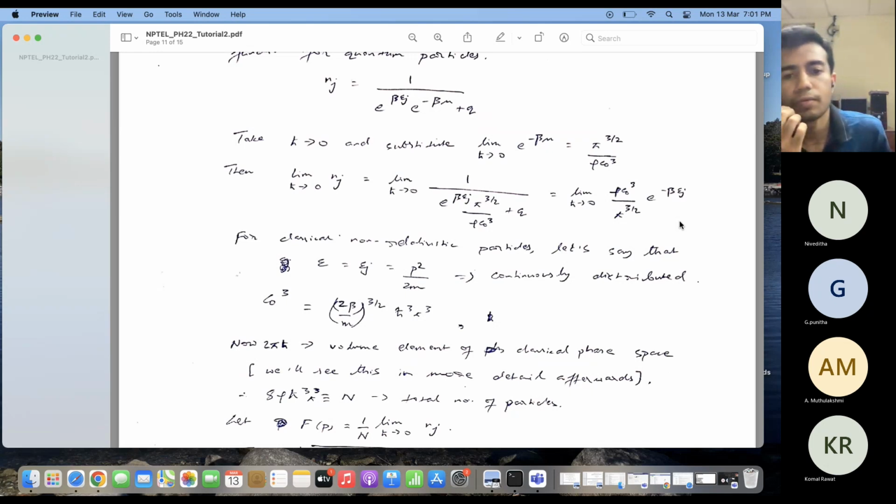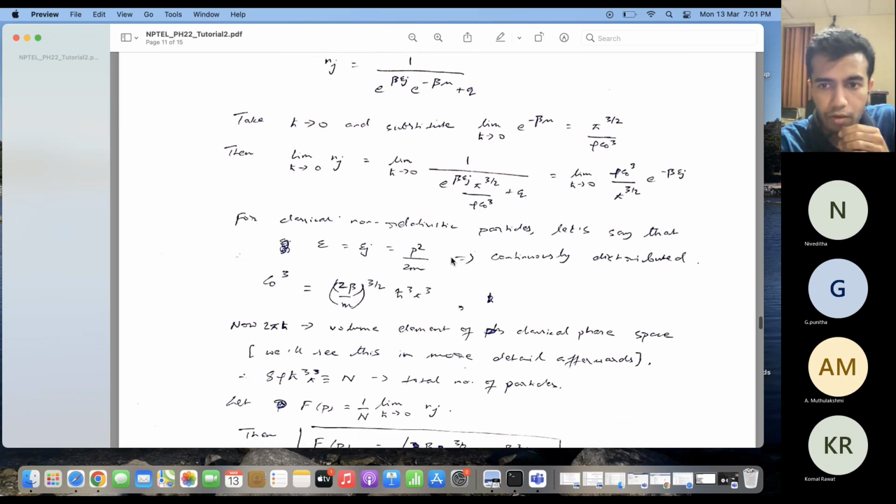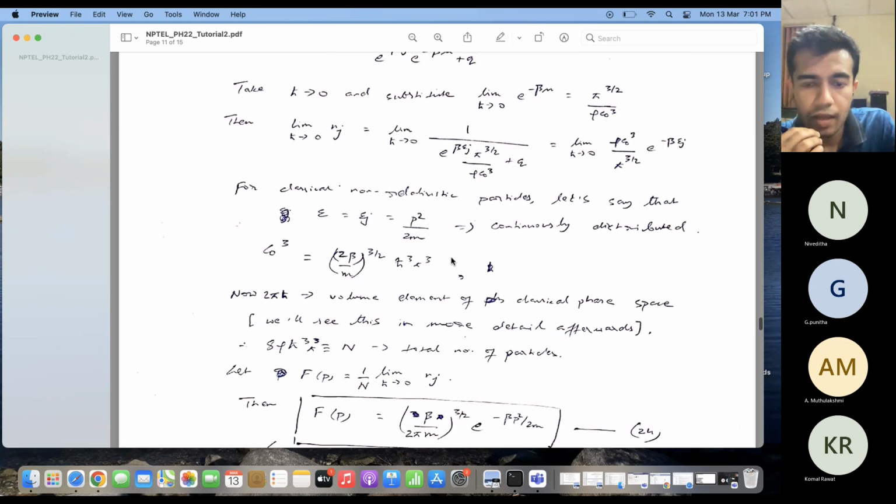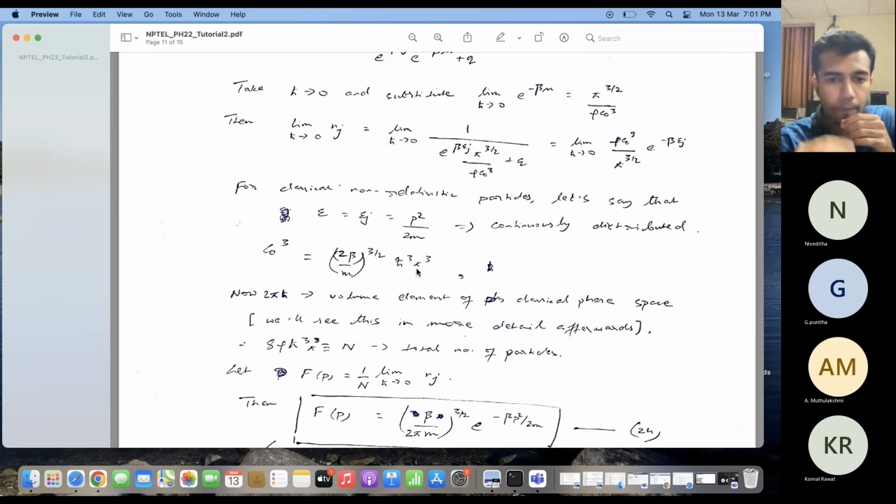Okay, so their energy can be equal to p square by 2m, where p square can be equal to anything, right? Because they are not constrained by any value. Okay, so epsilon is equal to p square by 2m over here. All right. And I know that c naught cube is equal to (2 beta by m) raised to power 3 by 2 over h cross cube into pi cube.